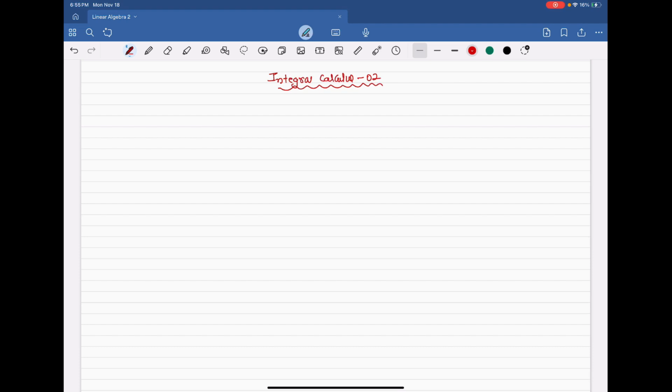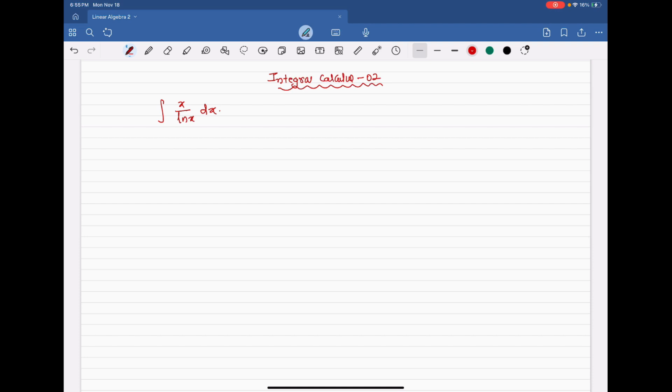In the last class, we discussed integral x by ln x dx, definite integral with different intervals. We had also spoken about the exponential integral, and what is the value of that exponential integral for different values of x. From that we had drawn the graph also.